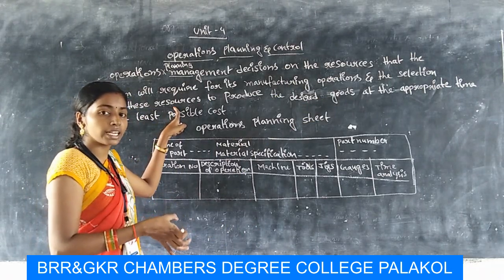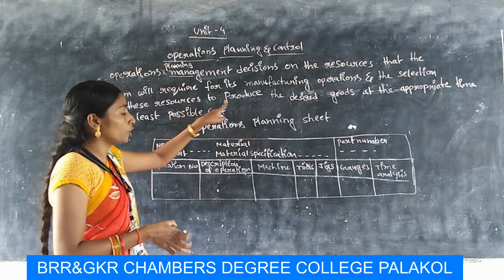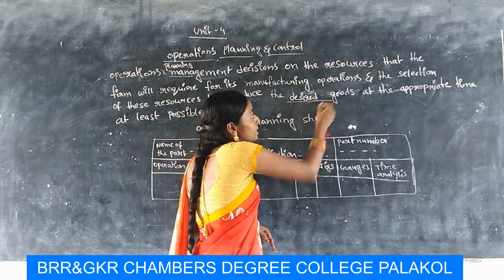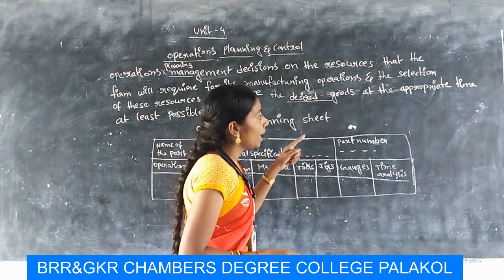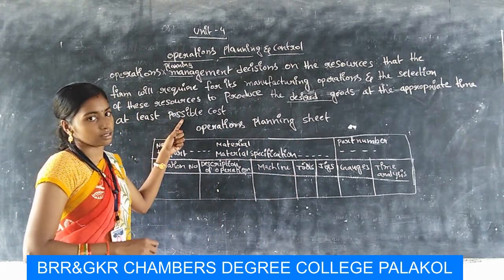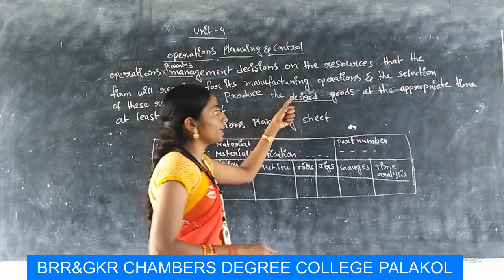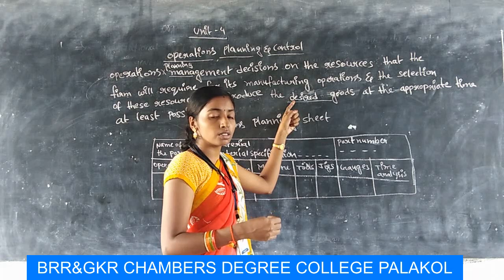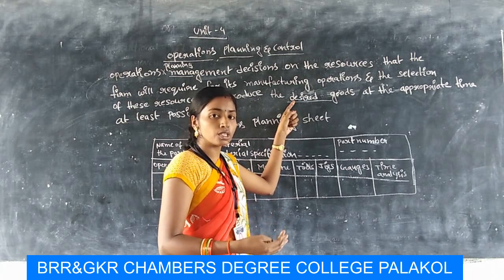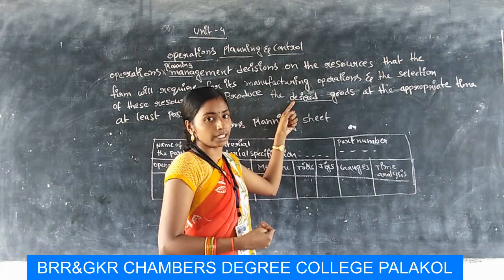Then we select the resources to produce the desired goods at the appropriate time at least possible cost. We have to produce the goods desired by the customer, the goods which have demand in the market.